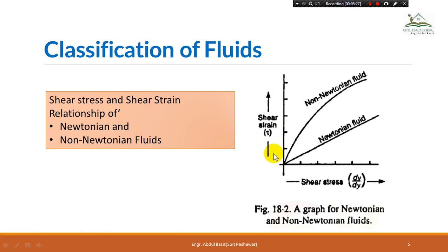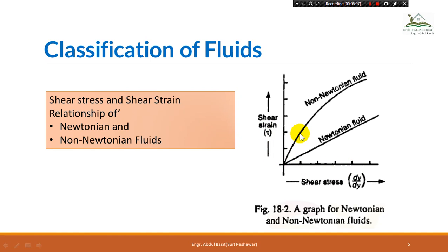You can see that the shear stress is increasing along the x-axis, and at the same time the shear strain is increasing, so this is a straightforward linear relationship between shear stress and shear strain. But in the case of a non-Newtonian fluid, that relationship is not linear. It is a curve where the shear stress is increasing and at the same time the shear strain is increasing.